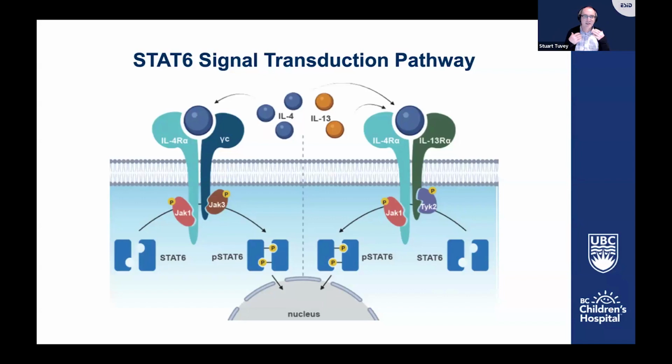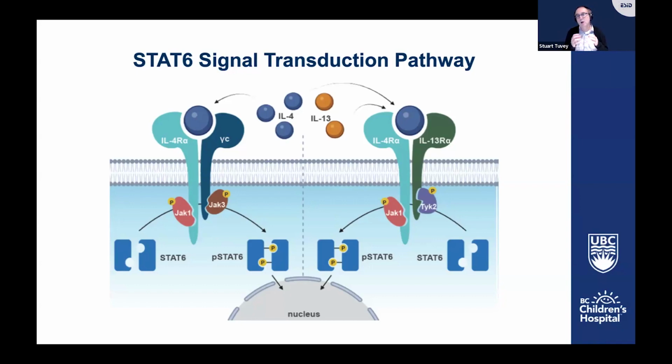And STAT6 gain of function disease has been a disease that's just been waiting to be discovered. It's such an obvious disease because STAT6 is a transcription factor that mediates the effect of the key Th2 cytokines, IL-4 and IL-13. We've known from mouse models and human cell models how important STAT6 was.